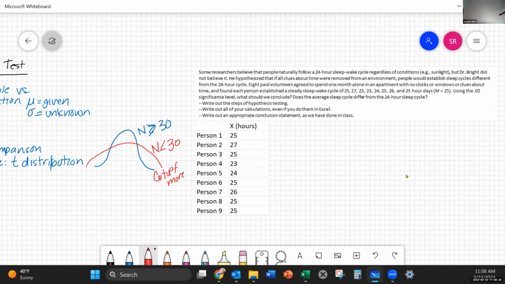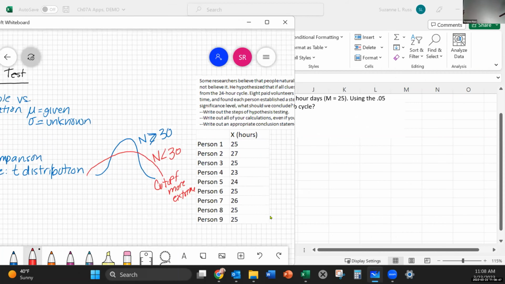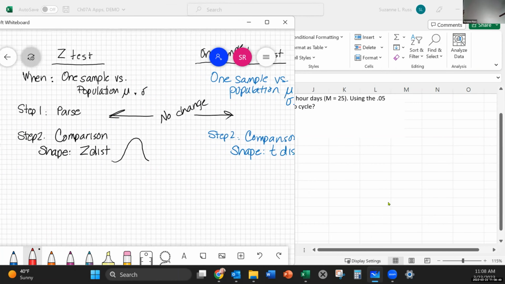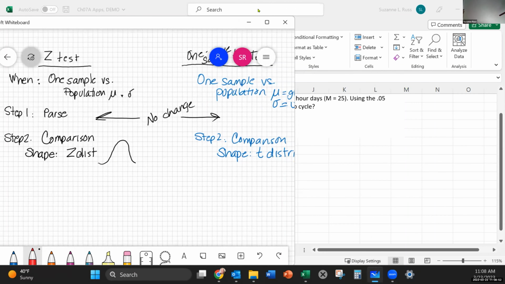But it doesn't matter, you can just look it up. So the shape is different, but you're still going to be basically looking it up, so it's not that big a deal.